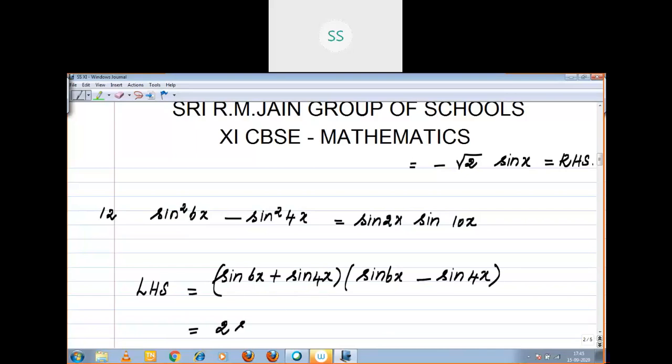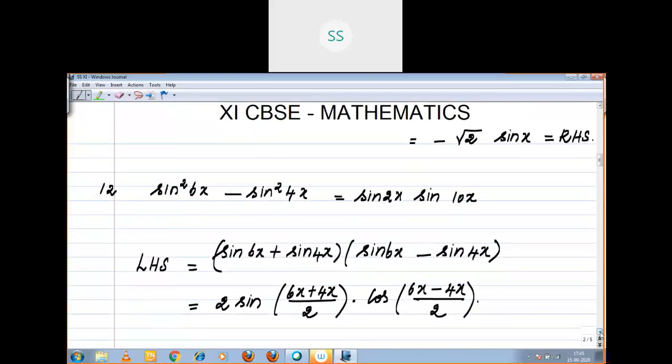Now, sin a plus sin b equals 2 sin (a plus b)/2 into cos (a minus b)/2.